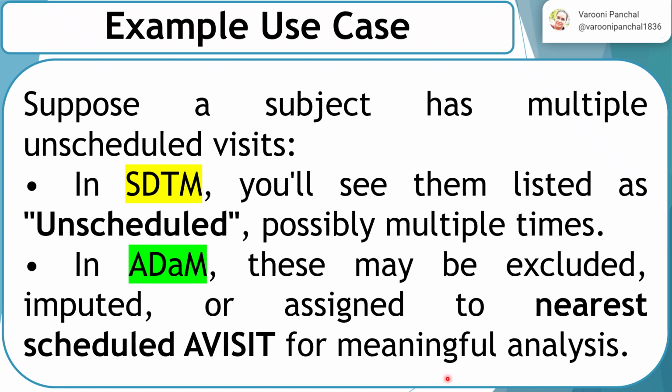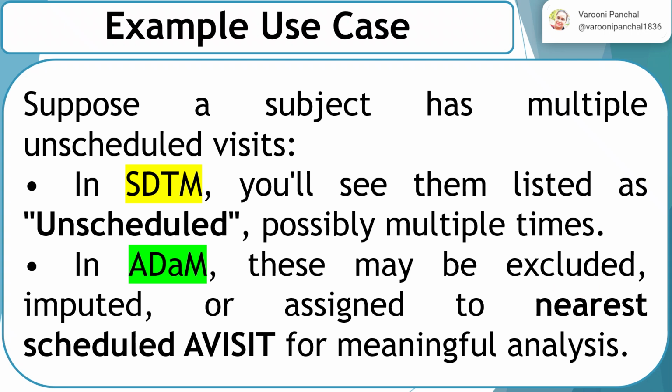ADaM is anyways used for meaningful analysis. So whenever you see 2 to 3 multiple records in SDTM, wherever there is unscheduled, it may be imputed, meaning if it is missing, you place it with the best possible value, or it is assigned based on sorting, whichever is the last or the first value, or the best value, or it can be completely included in the analysis, or completely excluded.